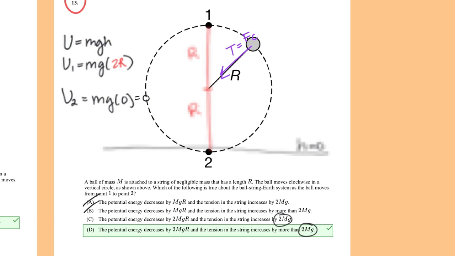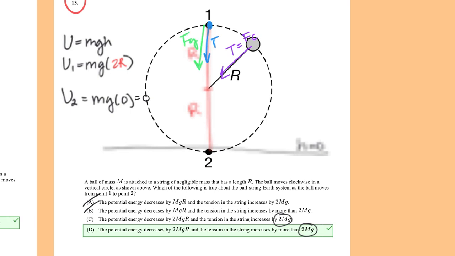Okay, so it's equal to my centripetal force, but there's also gravity playing a part in here. So at 1, there's tension of the string, but there's also gravity pulling down, so force of gravity.